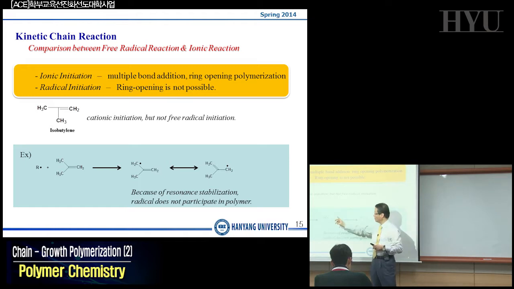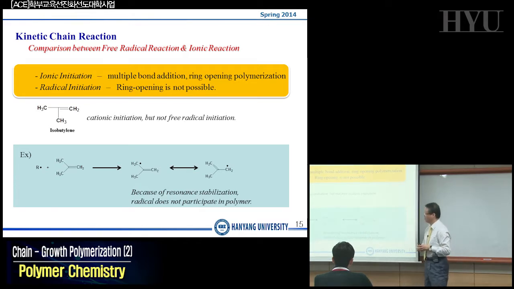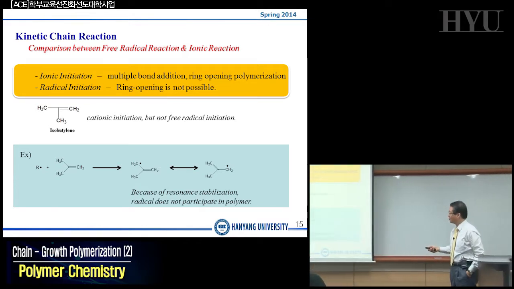But instead, if the radical attacks one of these carbons, the methyl, and forms this methylene radical, the neighboring double bond will form the conjugation. So you form this type of conjugated structure.